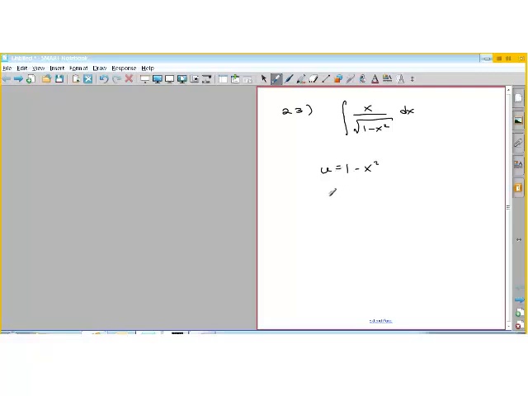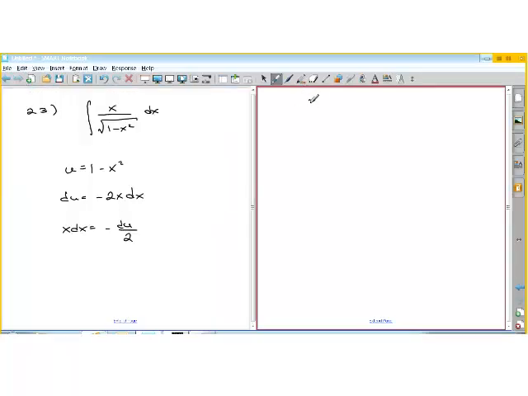So I put 1 minus x squared, so du is equal to negative 2x, and then I add dx on the end. So the negative comes from there, the 2 is the exponent, you reduce the exponent by 1. You can see in our original expression here we have x dx. So to get x dx we divide by negative 2, so we'll get negative du over 2, so that's x dx.